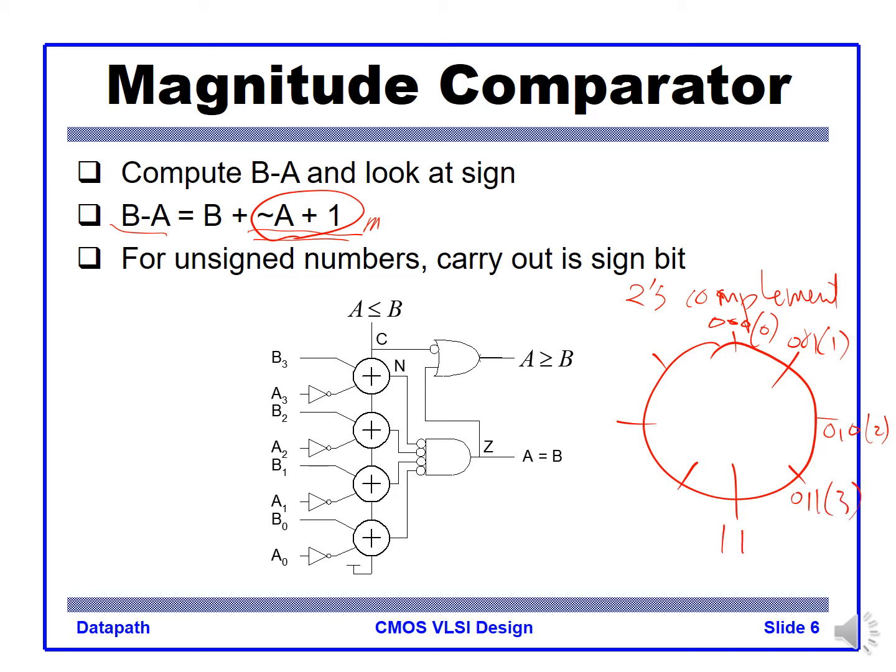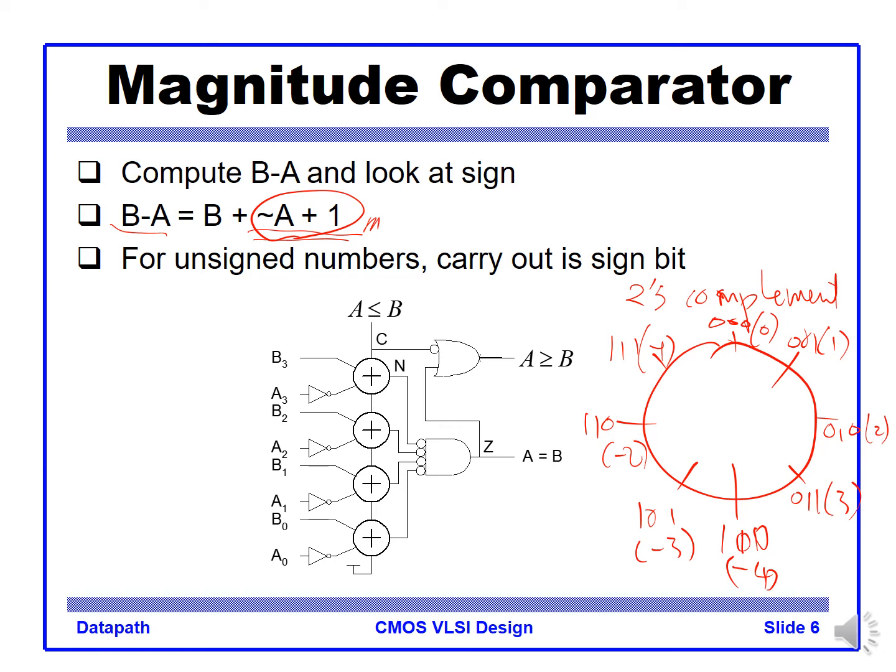Now 111 maps to minus 1, 110 is minus 2, this is minus 3, this is minus 4, like that. By having this mapping, the numbers are continuous around 0, right?